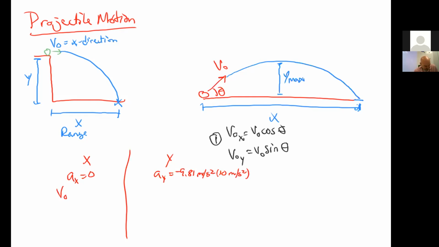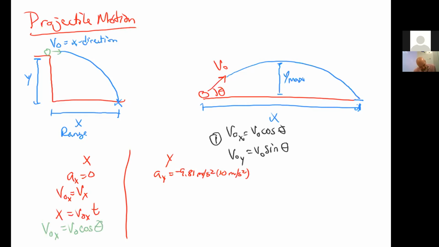That's just telling us that V0x equals Vx, so your initial velocity equals your final velocity. Remember, it's constant velocity in the x direction. And then your position would simply be V0x t. And V0x equals V0 cosine theta.